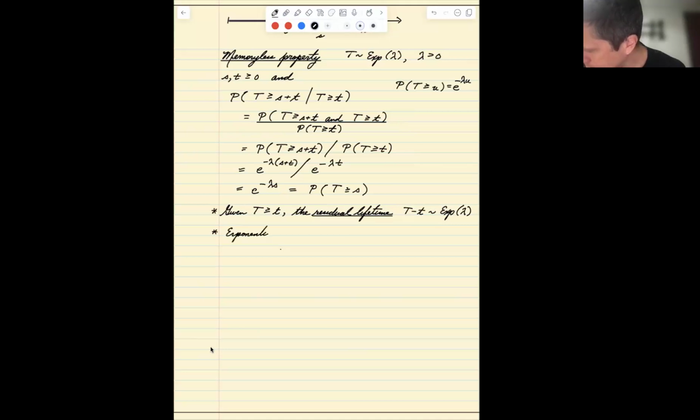The exponential distribution is the only non-negative continuous random variable that is memoryless.